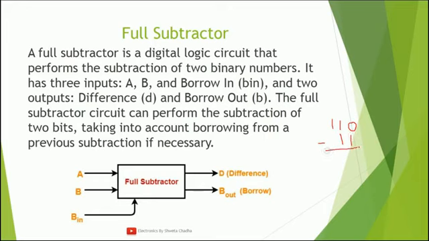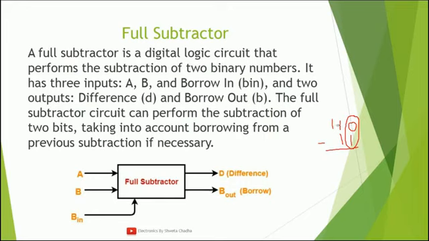So we want to perform this activity. First of all, 0 minus 1. As I have already informed you, 0 minus 1 can be done with the help of a half subtractor. So 0 minus 1, the answer was difference 1 and borrow 1.